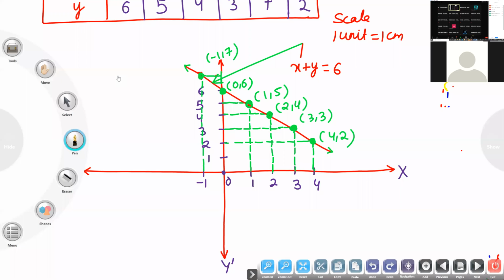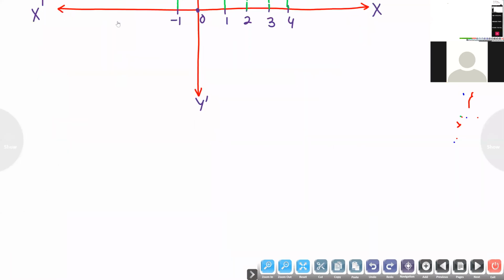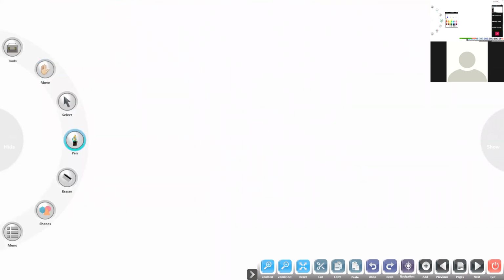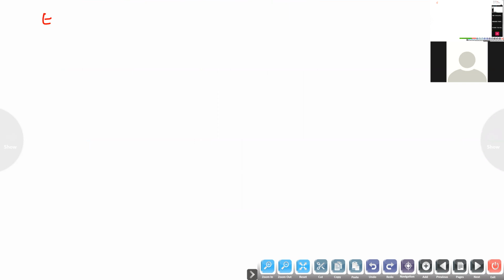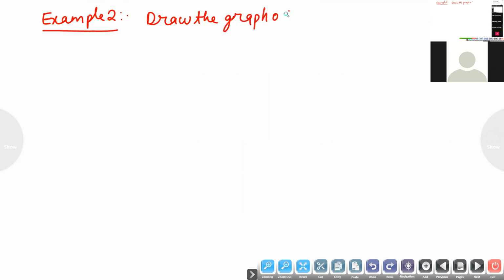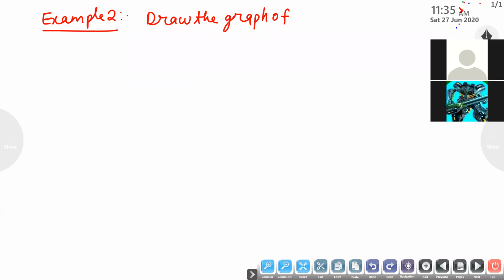Example 2. Draw the graph of y is equal to 4x.